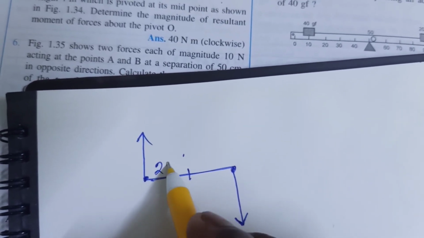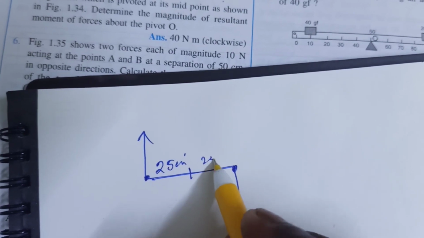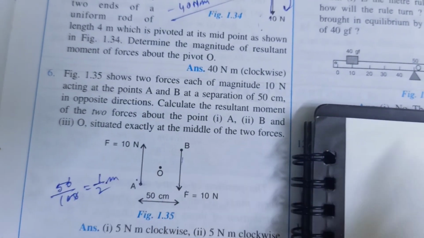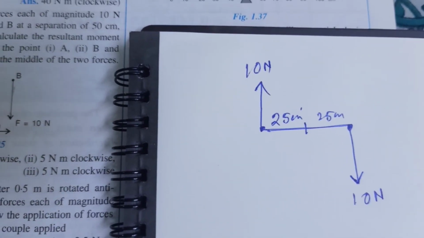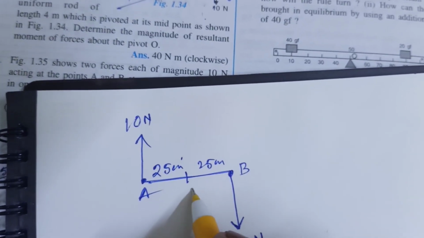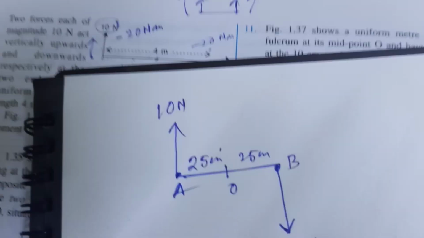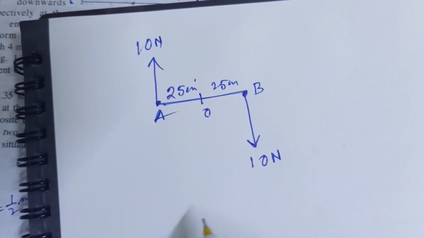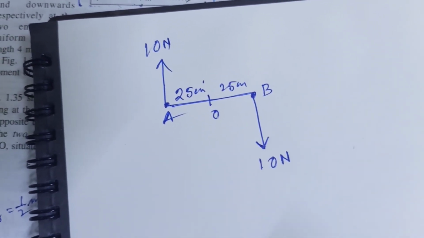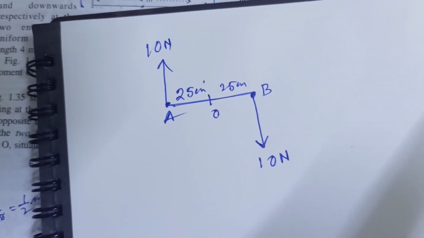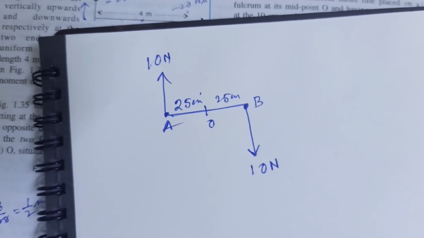So this is 25 centimeters and this is 25 centimeters, and this is a 10 Newton force and this is also a 10 Newton force. So A, B and O. We calculate the resultant moment about A, about B or about O.